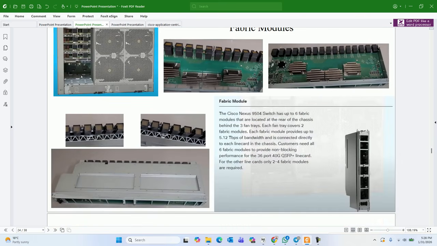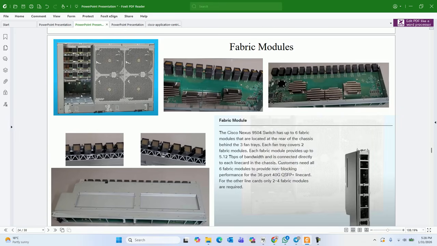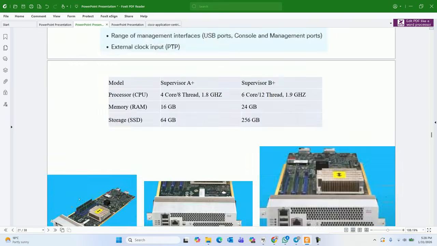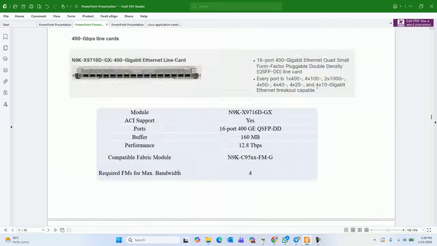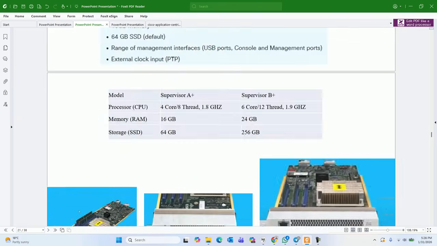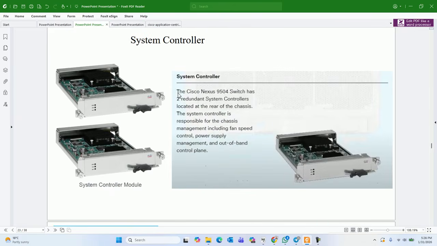Then these are the fabric modules, which connect all the line cards together so that they can send and receive data with each other. Otherwise, they're independent switches, but how would they connect together? They are connected in the chassis using these fabric modules.